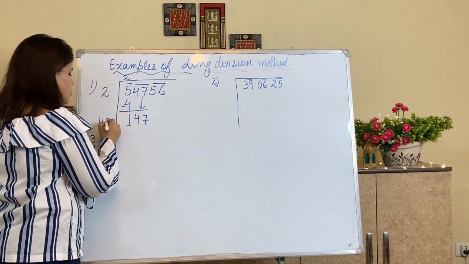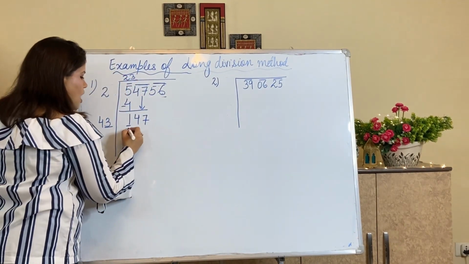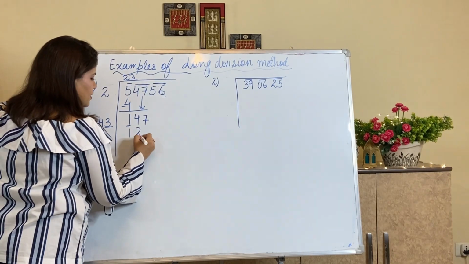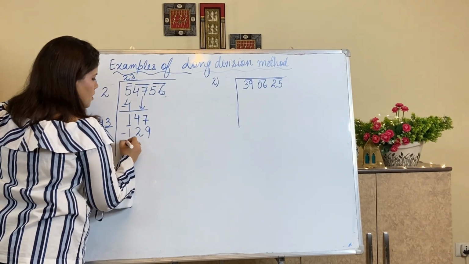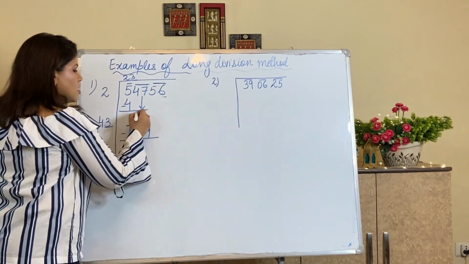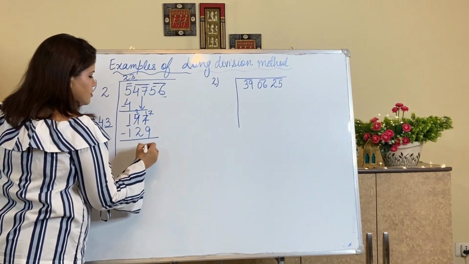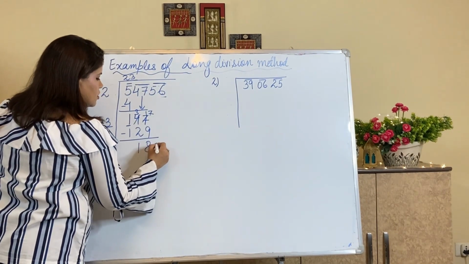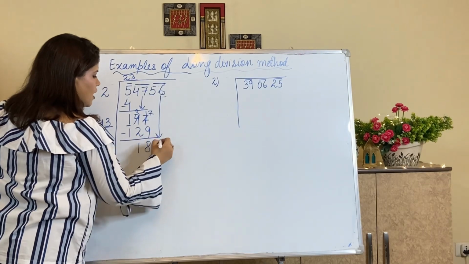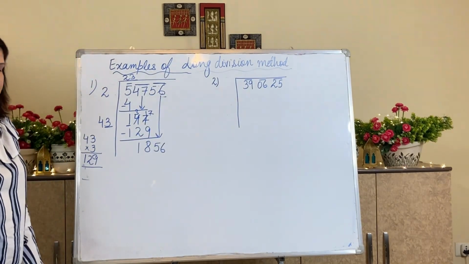So I will take 3 here, 3 here, and I will write 129 below this. When I write 129, I will be getting 18 and this period will come down, now 1856 as my new dividend.